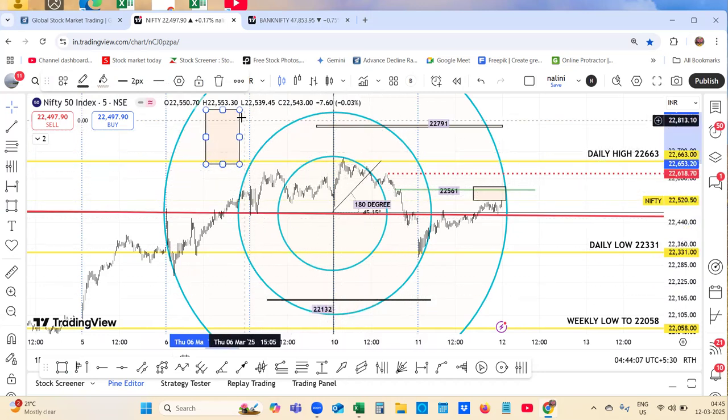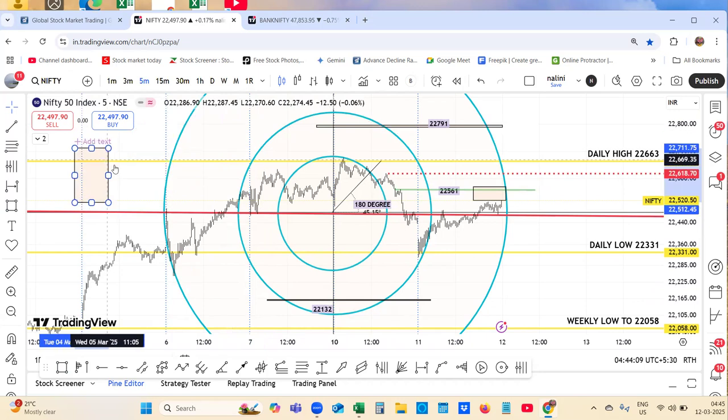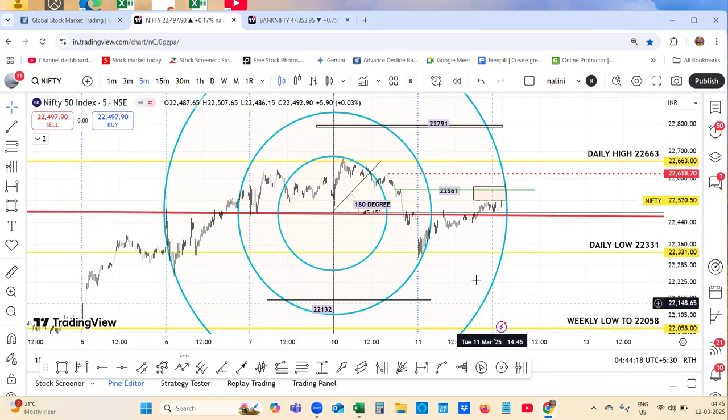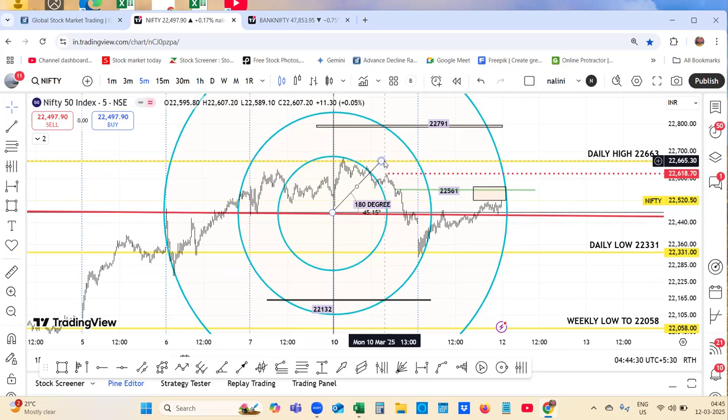It may be an intraday down move. So 3 levels of move is from the bottom, actually. It has completed. So now, I'm not going into the detail of that. For today, the boundary is here, 22,663 to 22,300. So the vibration of the angle, this is 50 degree, 45 degree.